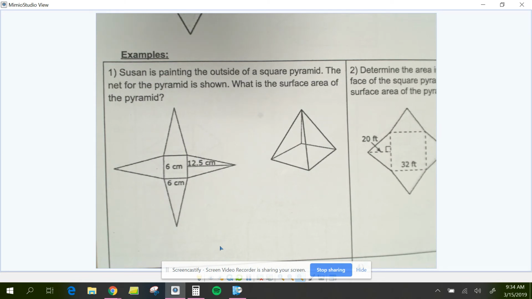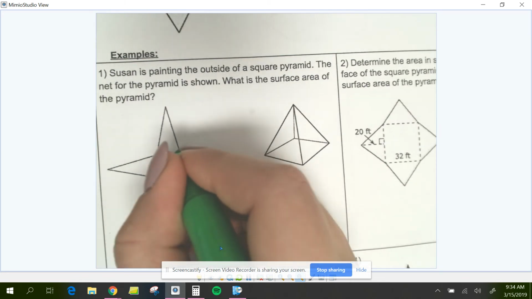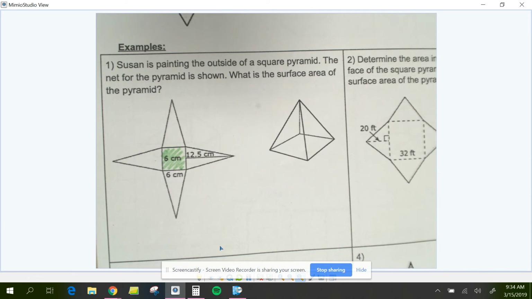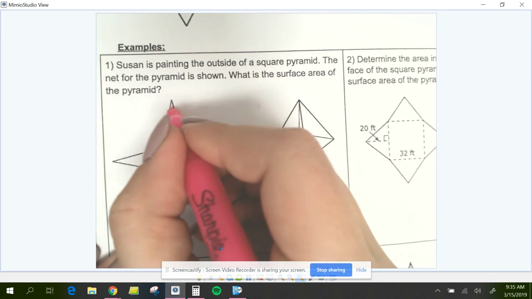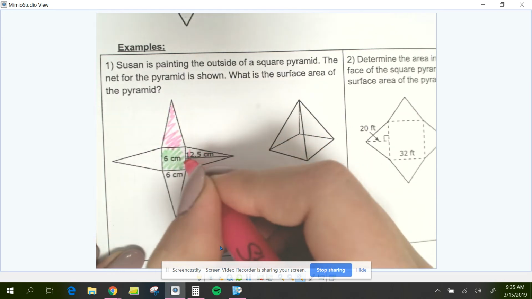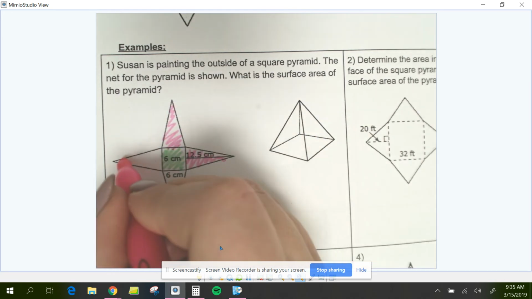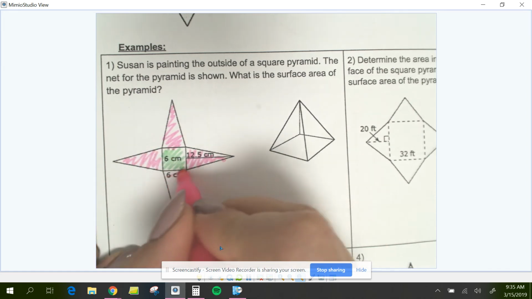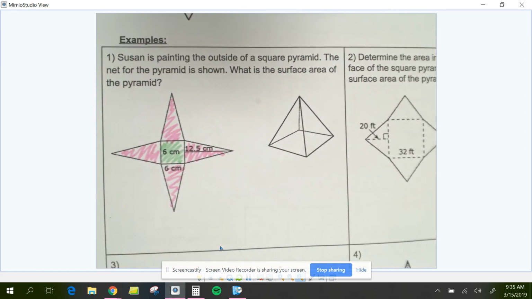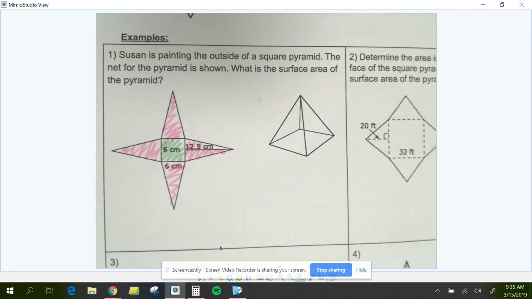So my square is there. That's one shape. But I can color the rest of these the same color, because remember, they all have to meet up in the middle to close the pyramid. So it looks like that, okay?